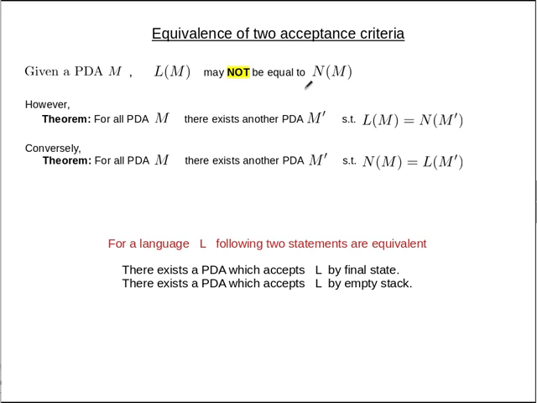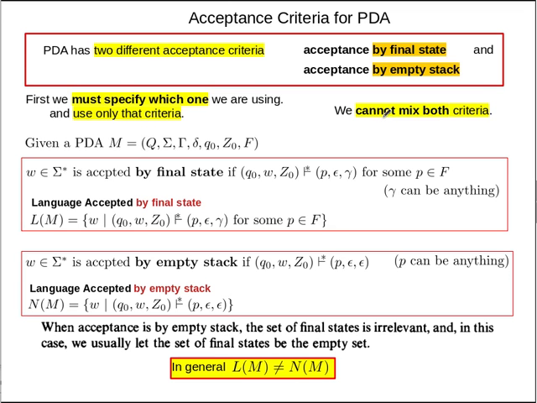Okay, so we are changing the PDA, but the point is this language is important, right? So suppose this language is L and you know that this L is actually L of M for some M. Then we show that this L is also N of M prime for some M prime. So N of M prime is the language accepted by empty stack, L of M is the language accepted by final state, as we defined here and here, right?